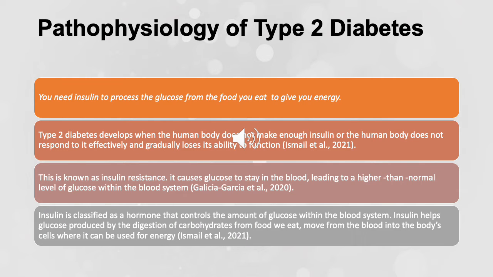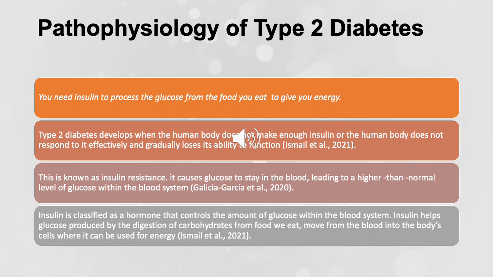Pathophysiology of type 2 diabetes. You need insulin to process the glucose from the food you eat to give you energy. Type 2 diabetes develops when the human body does not make enough insulin or does not respond to it effectively and gradually loses its ability to function. This is known as insulin resistance.